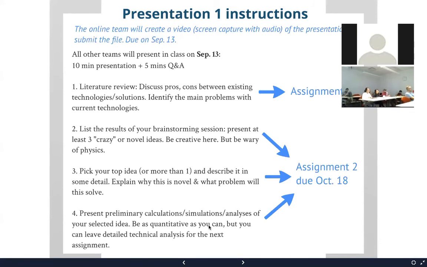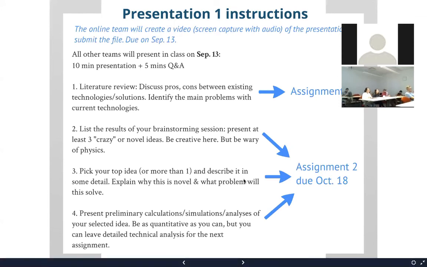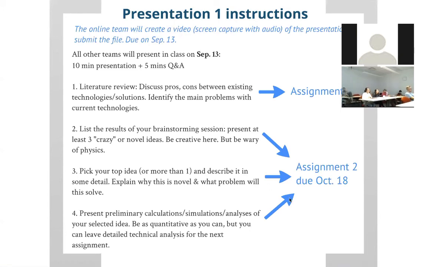Be as quantitative as you can, but you can leave the very detailed analysis for the next assignment. This is really like, I want to get a sense for your brainstorming of how, remember in the last presentation, you actually identified problems, and now you're trying to brainstorm on how could you solve those problems.